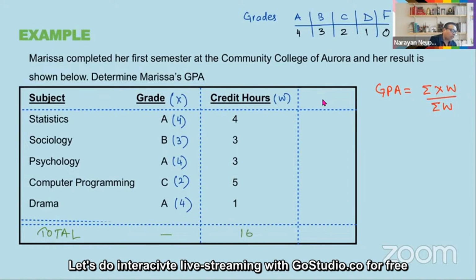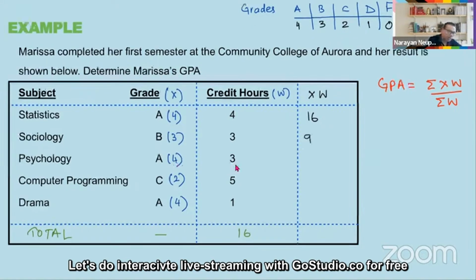add that. So let's find x times w. Look at the screen. If I multiply x and w, we have 4 times 4. What is 4 times 4? 16. Next one, we have 3 times 3, 9. 4 times 3, 12. 2 times 5, and then 4 times 1 is 4.